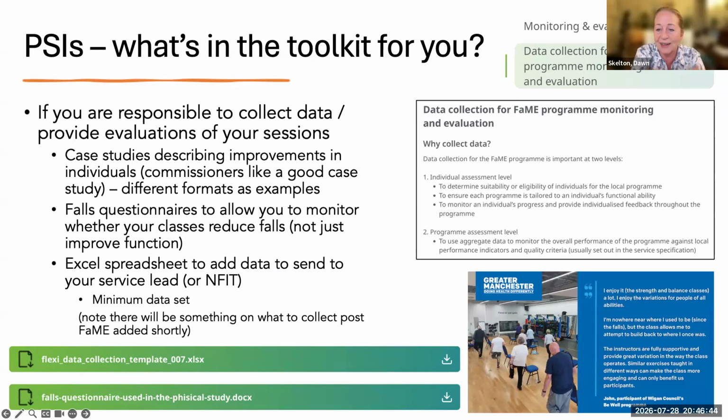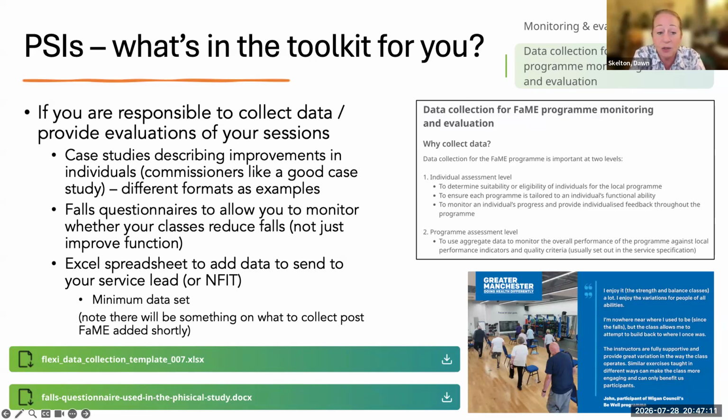If you're responsible for collecting data, which I hope some of you are, there's some information on case studies and how you might present that data, because commissioners like a good case study, an individual story. So there's some different layouts and examples that you could consider there. There's a falls questionnaire to allow you to actually monitor whether your classes reduce falls, not just improve function.